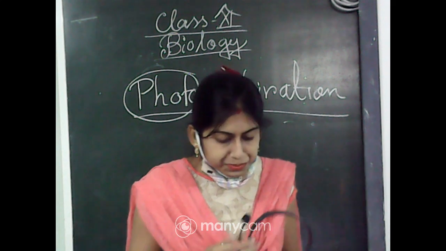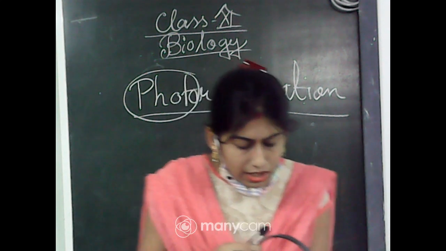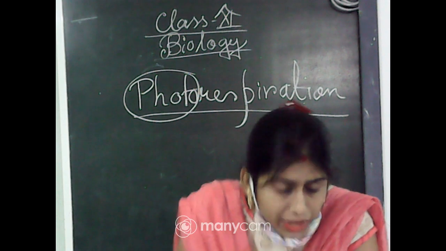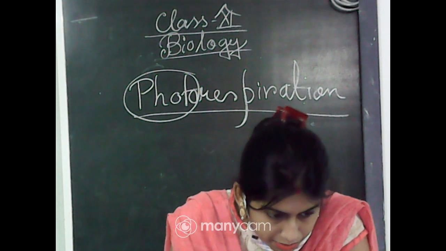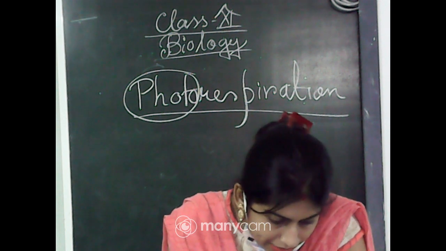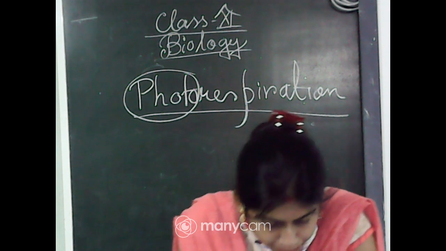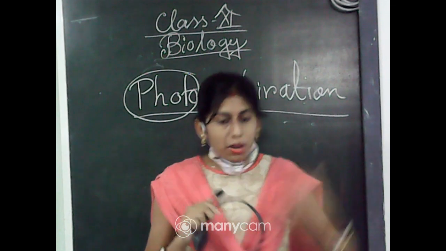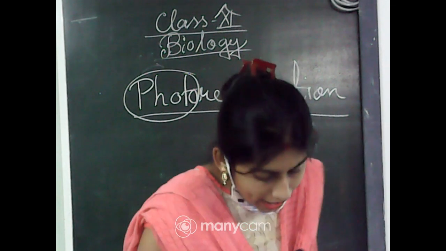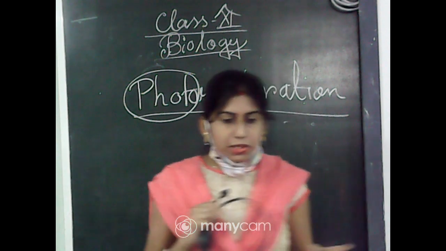If you want to find differences between C3 and C4 plants, photorespiration is another point which can make differences between these two. For understanding photorespiration, you have to know the first step of the Calvin cycle.